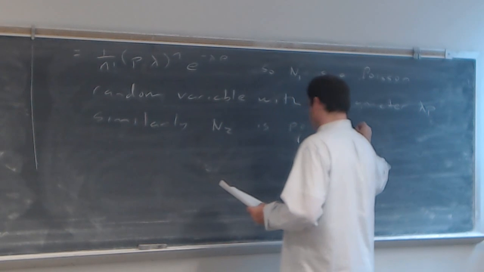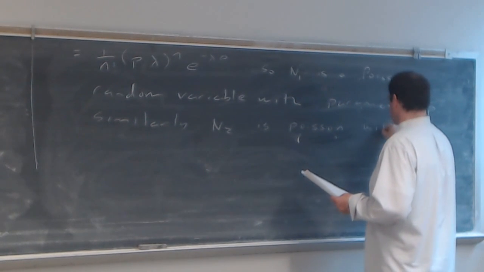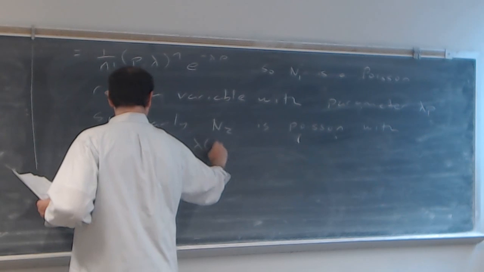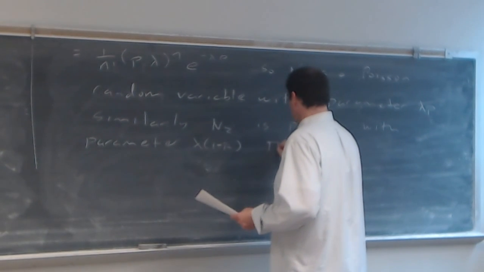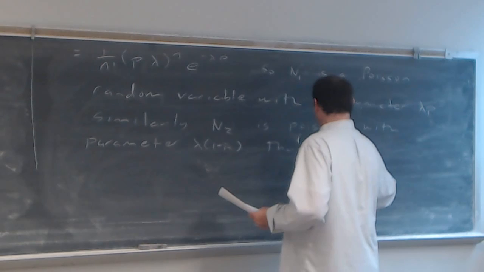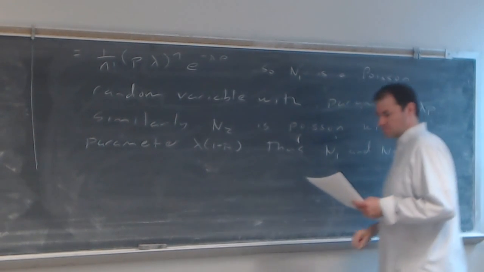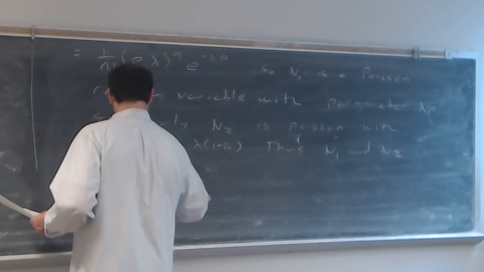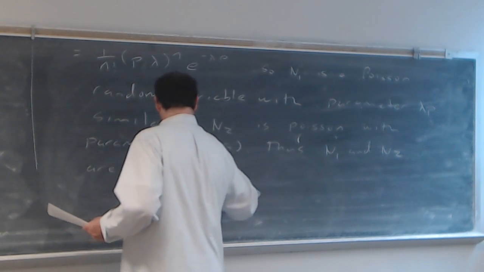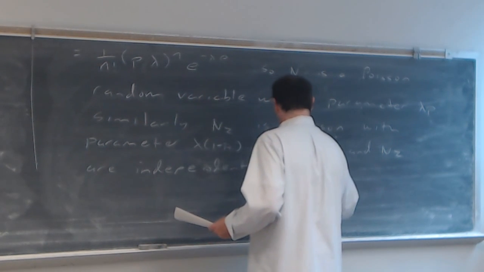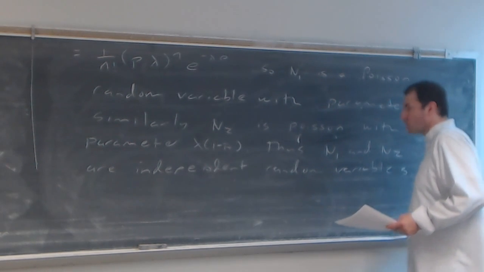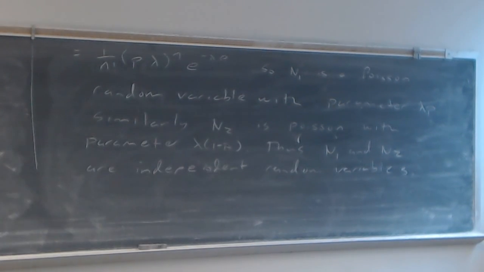You do the same type of work: n sub 2 is Poisson with parameter lambda times 1 minus p. Thus, what we found is that n1 and n2 are independent random variables. And that's what we'll conclude with. Thank you very much for your time.